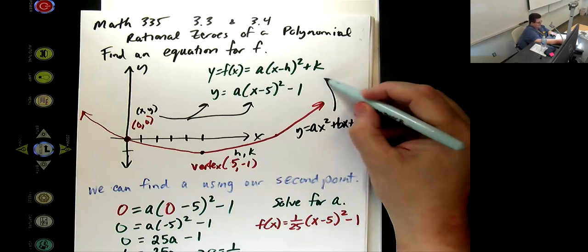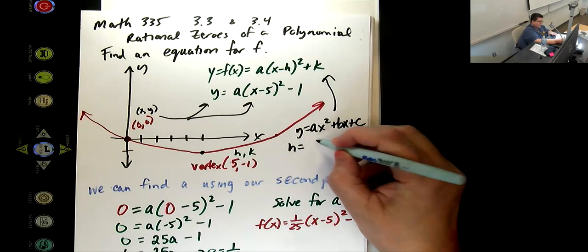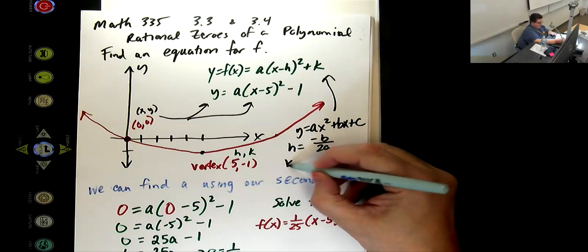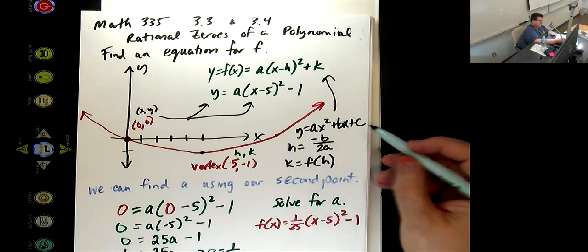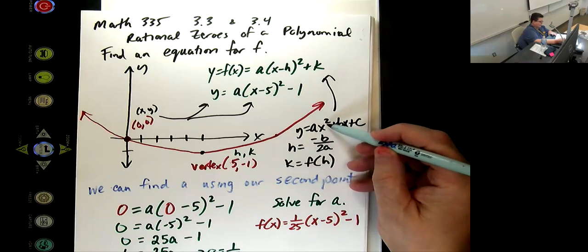You can write it as that if you find h equals negative b over 2a and k equals f of h. So whatever you get for h, plug it in, and you'll get the k value.